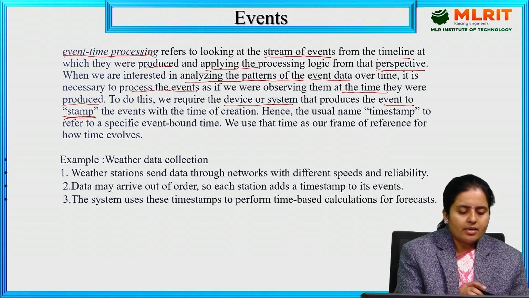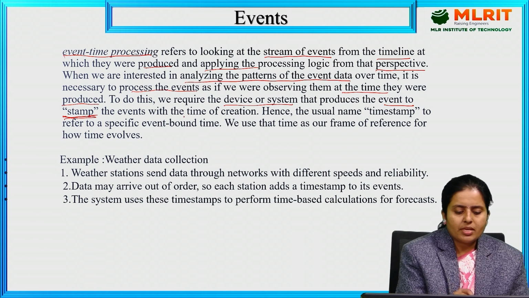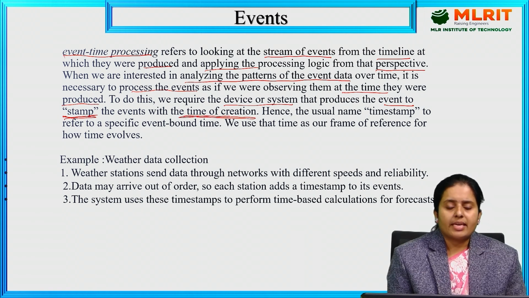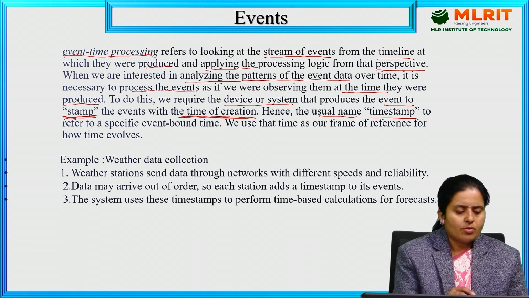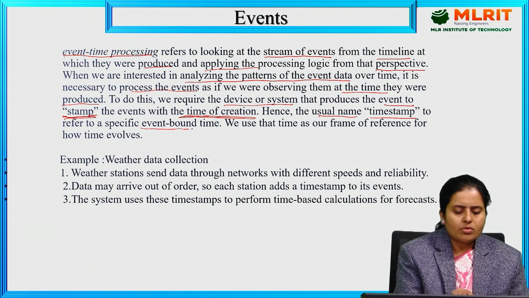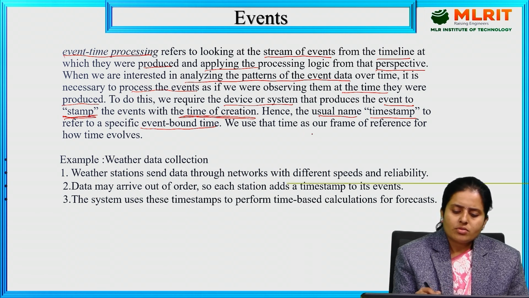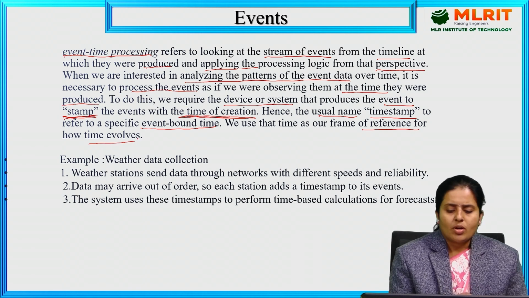For that, we require a timestamp, which marks the events with the time of their creation. The timestamp is nothing but the time at which the event is created. We use it to refer to a specific event-bound time, the time at which the event was generated. We use that time as our frame of reference for how time evolves.